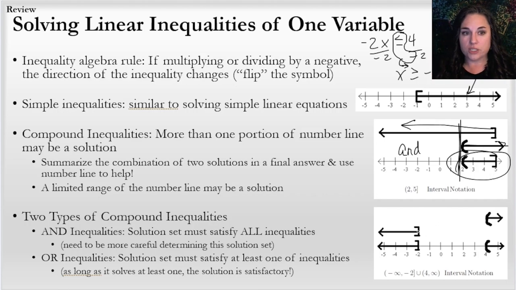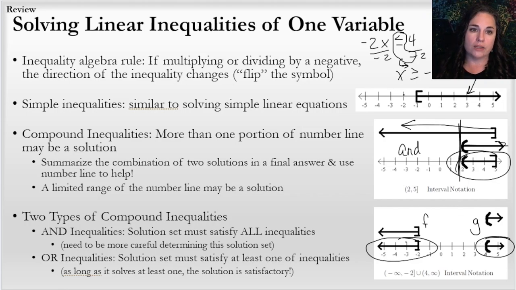If you have an or situation, it could be it solves f or it solves g, and so you give 2 intervals on the number line. So you can see how those are more complicated than just a simple inequality. We're considering 2 different things being true, and are we combining them, or it's a separate thing? So those are what we call compound inequalities.